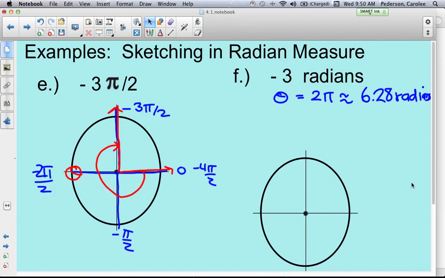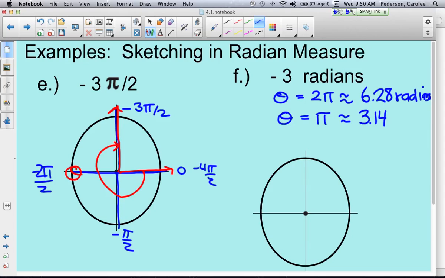So if my theta equals pi, how many radians is that approximately? How many radians? 3.14 radians. So we're pretty close. If we want to graph the angle negative 3 radians, we're really close to pi.